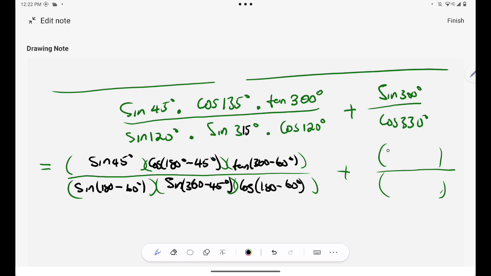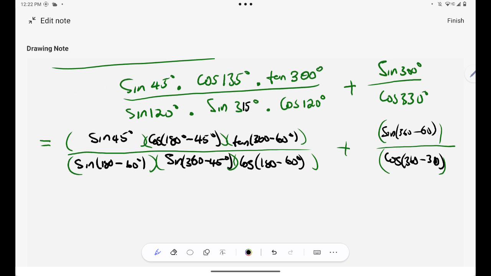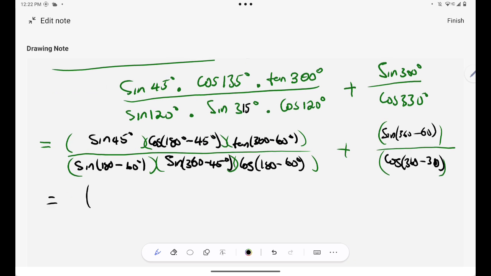And then there at the top I have the sine of 360 minus 60 all over the cos of 360 minus 30, all together. Okay.